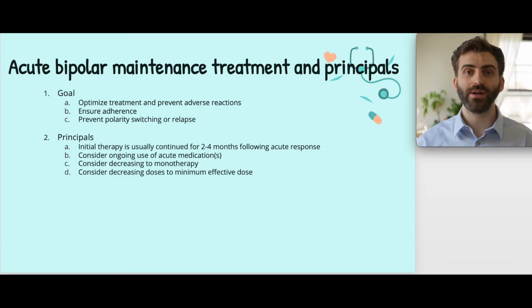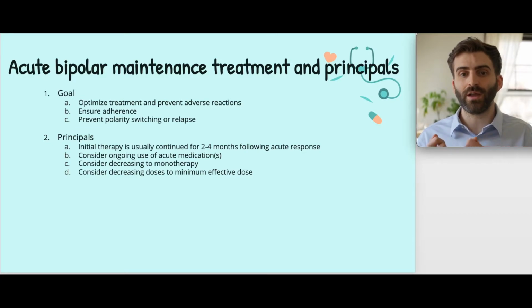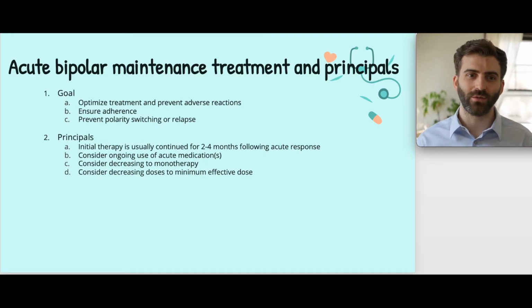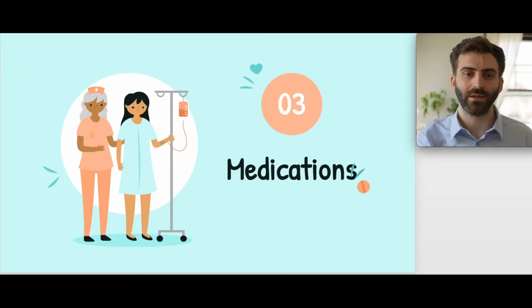After that time period, if the patient's, say, on a combination, say risperidone and lithium, you might taper the patient slowly off the risperidone, the antipsychotic, and just leave them on lithium. So essentially, once the patient's stable, you want to simplify their medication regimen. You want to also consider decreasing the dose. So higher doses are often needed to stabilize someone out of mania, whereas lower doses can be used for maintenance.